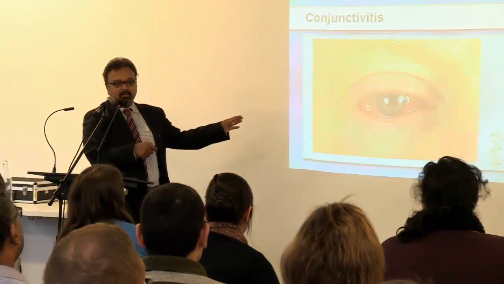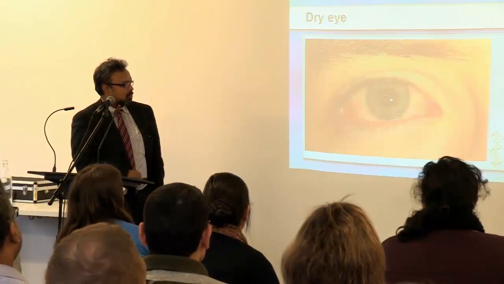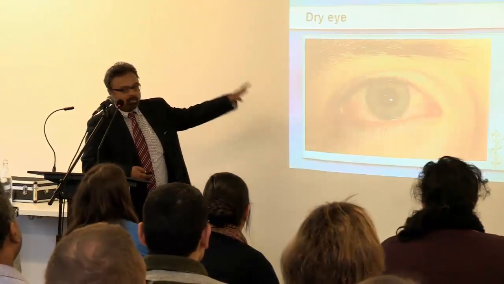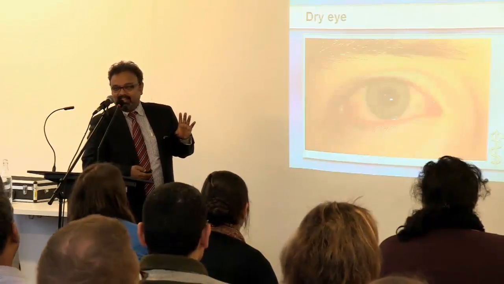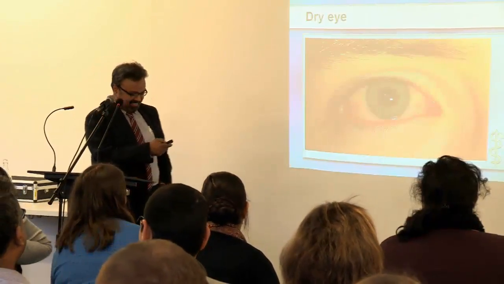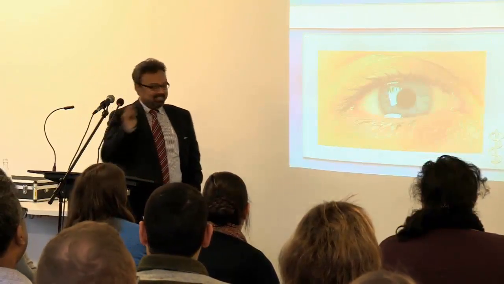So this is more likely to be a viral conjunctivitis. So this is dry eyes, because the whole idea of showing you these photographs is they all look the same. So I know your problem.